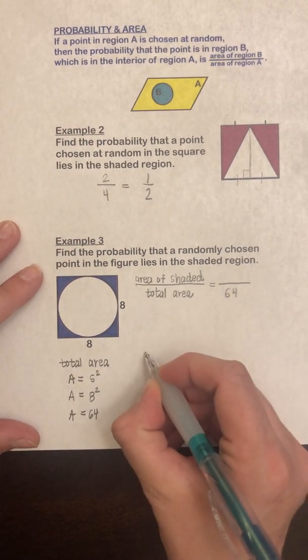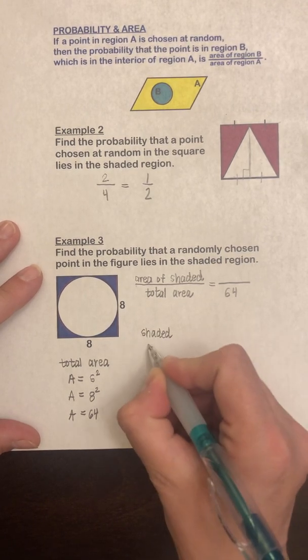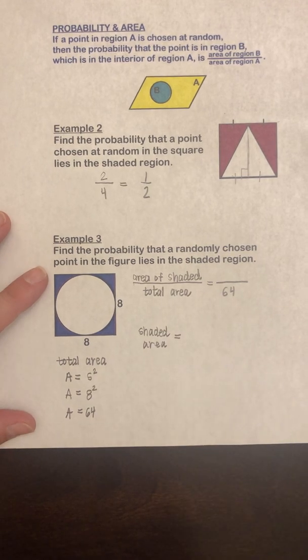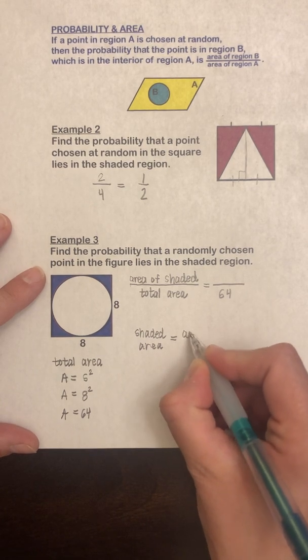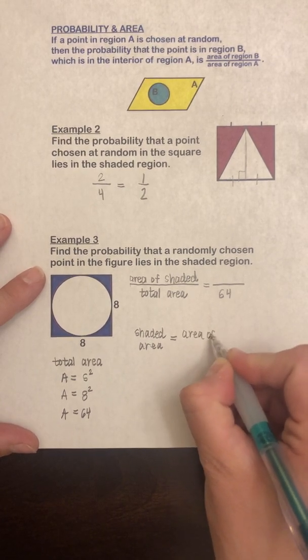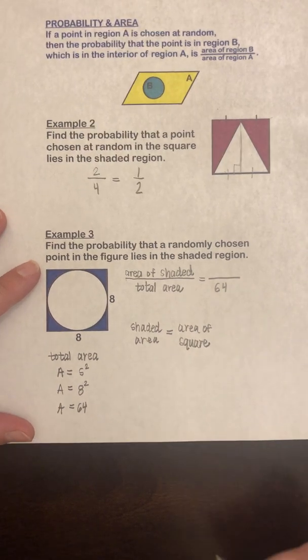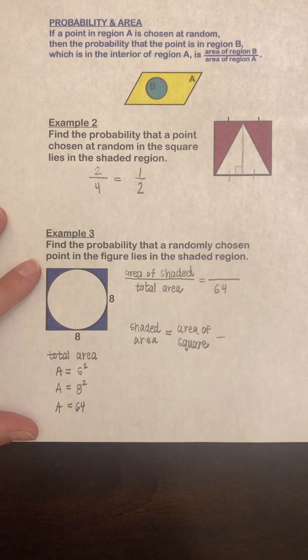Well, here's what we can do. So if I want the shaded area, first, before I deal with numbers, I'm just going to deal with the whole concept. I would first need to find the area of the square because it's the big shape, right? Then I want to subtract the part that I don't want.